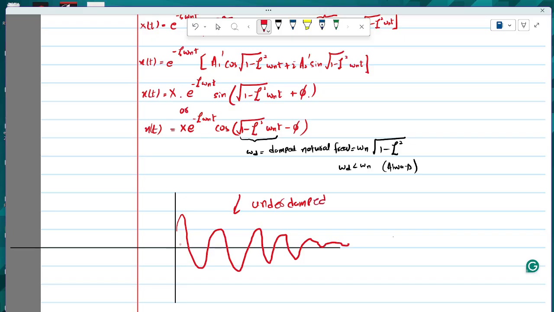There are some other systems as well. Let's say your system was critically damped. In a critically damped system, there would not have been an oscillation. It would directly reach the steady state or rest position. That's critical damping.